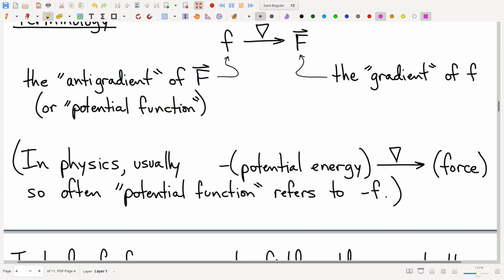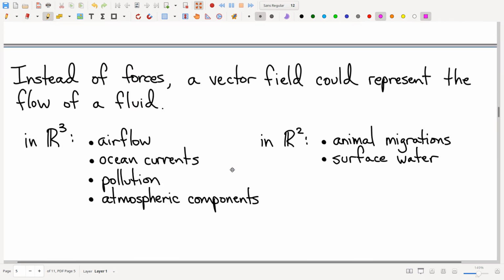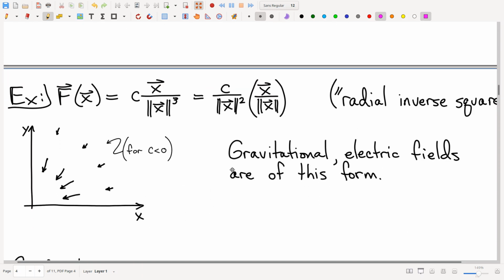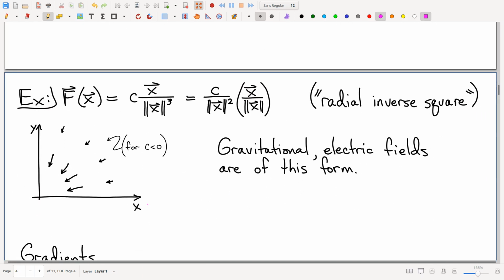Moving along then. Here's a different way to think about vector fields. If you're going to define a mathematical object, it's nice to know what real-world thing we are talking about. And we've spent some time here talking about forces, right? So here's a couple of huge examples of how a vector field can be used to represent forces. And that is a wonderful way to think about vector fields.